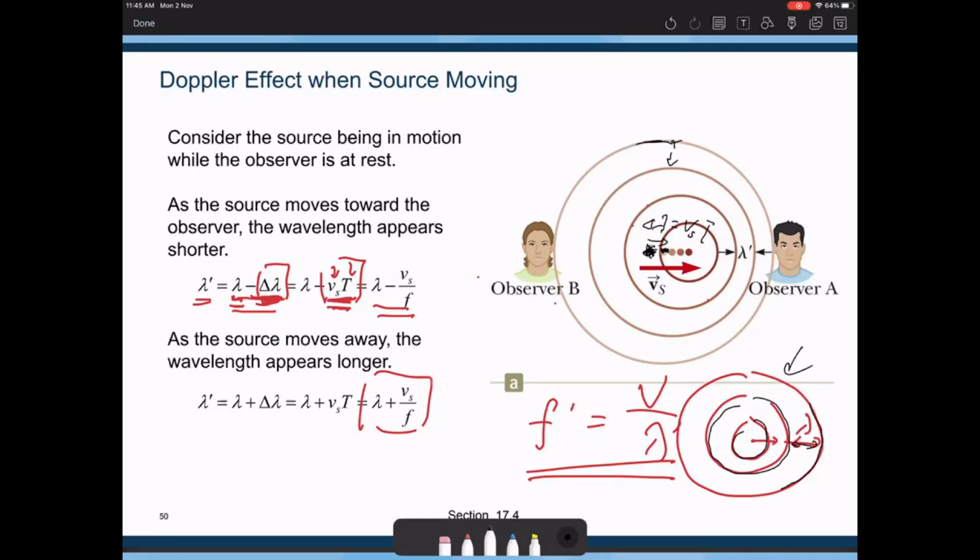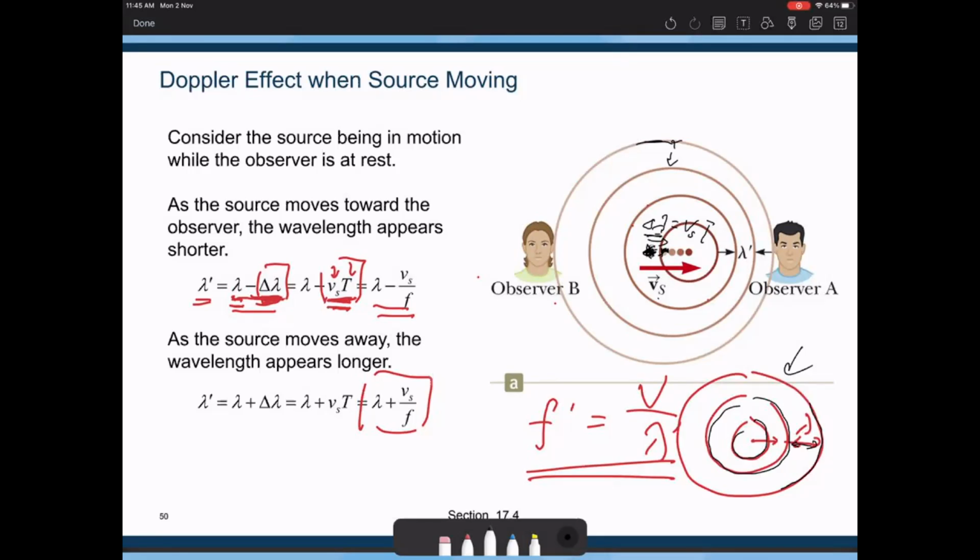So if the source is moving with a speed vs, then the center of the circles would be moving at a speed vs. And the distance between the centers of adjacent circles, delta lambda, is equal to vs times T.